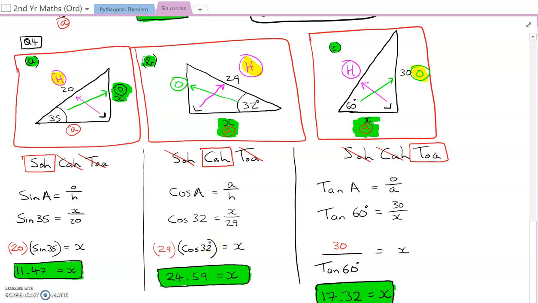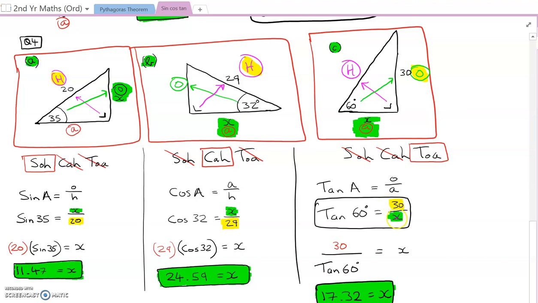Now C was a little bit harder, because you notice that when we got down to here on this question, the bit that we had was on the top, whereas in these previous questions the bit that we had was always on the bottom, and the bit that we were looking for was always on the top. But in this case it's the other way around. So you have to be careful in these ones.